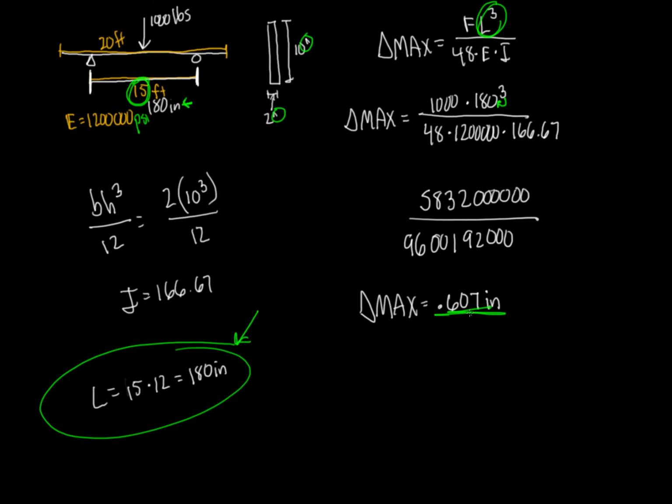If the beam is maybe 30 feet long and you have a 10,000 pound force on it and not a whole lot of moment of inertia, it might be 30 inches. It's not really a realistic problem, but this number is going to be pretty small. So just pay attention to that. If you're getting numbers that are the same as your length, you probably did something wrong.